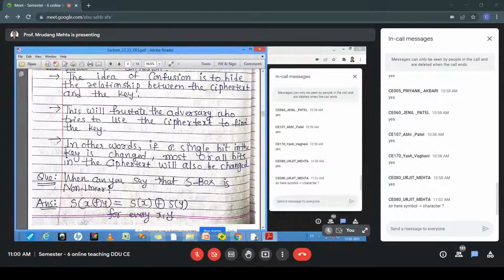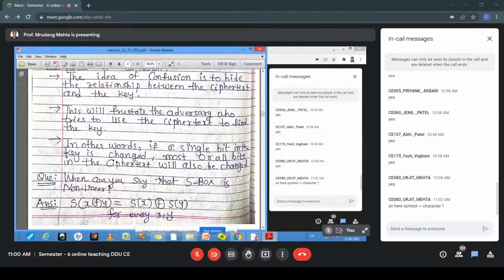See, there are two terms. One is information security, and the second is network security. Information is your message, and we are talking about that. The message is encrypted, but then it has to be transmitted. That is done on the network.